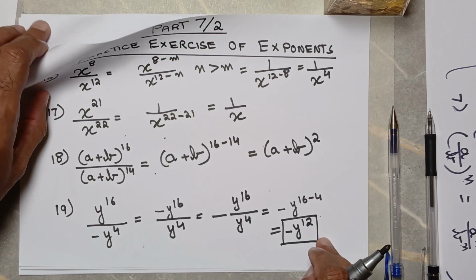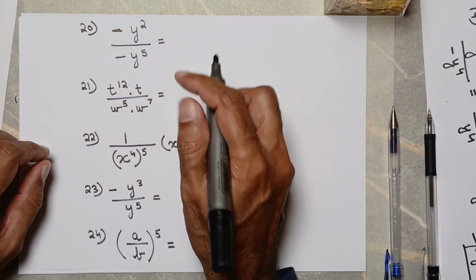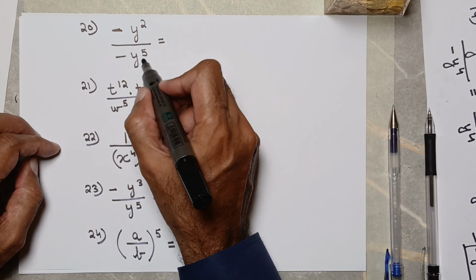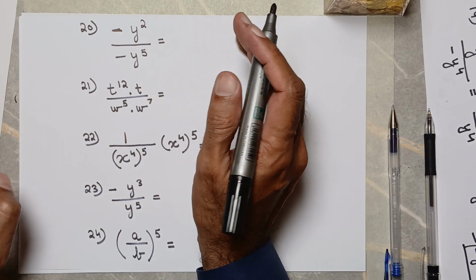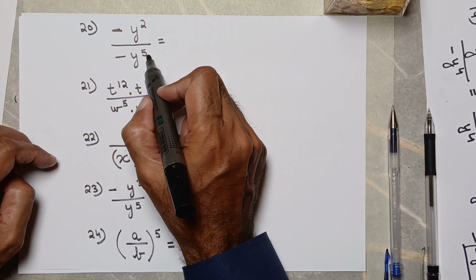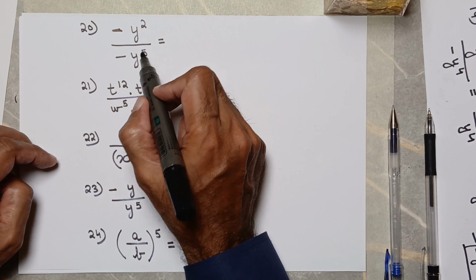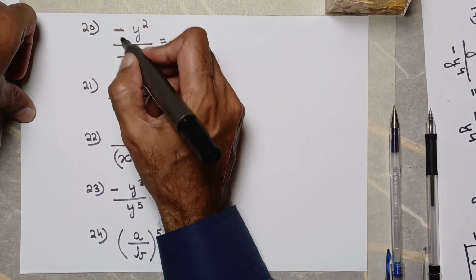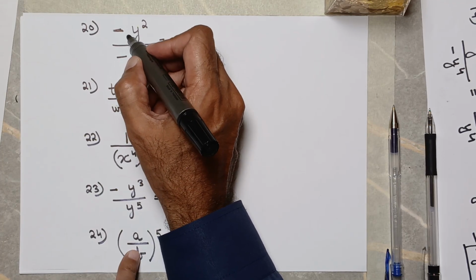Now let's move on to the other page. Here it is question number 20, and it is also quite like this. Just as I have told you, watch this exponent. Here your n is greater, but don't worry about this minus sign. And here it is also a minus sign in the numerator.